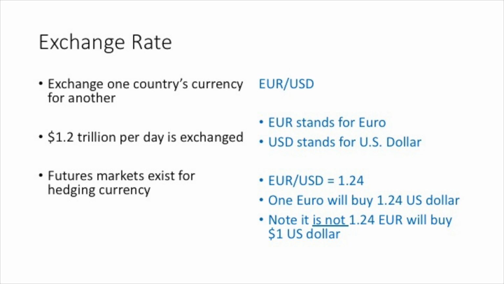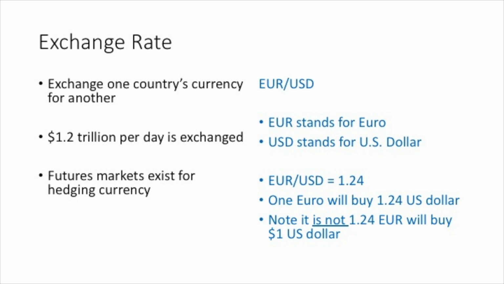The euro to US dollar exchange rate is, as you can see here, indicated by euro over, or divided by, US dollar. In our case here, the euro US dollar exchange rate is 1.24. That will mean that 1 euro will buy 1.24 US dollars.